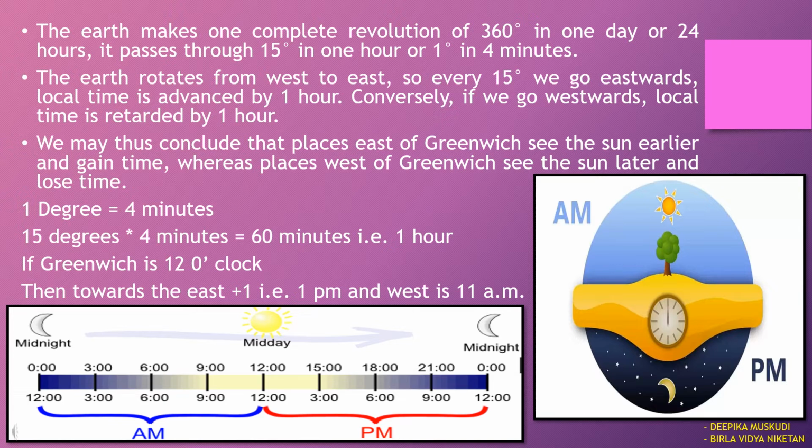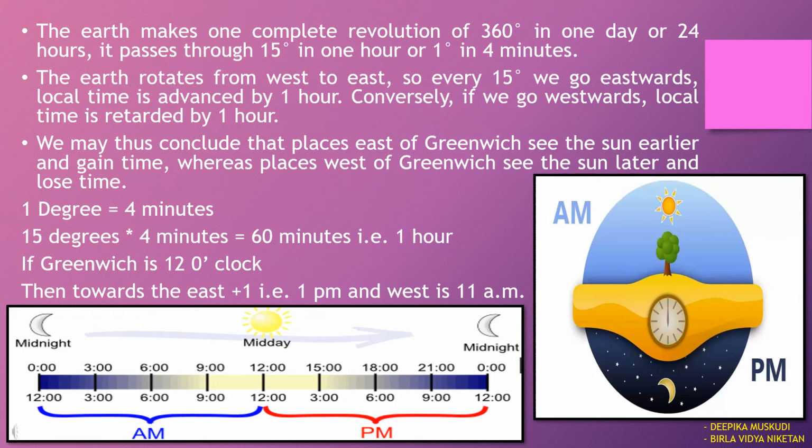Students, we may conclude that places east of Greenwich see the sun earlier and gain time, whereas places west of Greenwich see the sun later and lose time. The rate of difference can be calculated as follows. 1 degree is equal to 4 minutes. 15 degrees multiplied by 4 minutes is equal to 60 minutes, that is 1 hour.